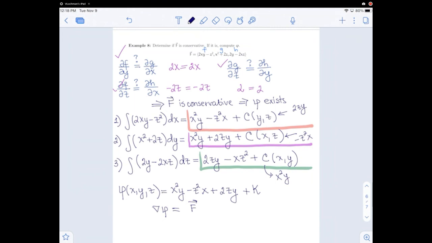What do you guys think so far of this whole chapter? Okay, line integrals, line integrals of scalar functions, line integrals of vector fields, then conservative vector fields. Does this make sense?